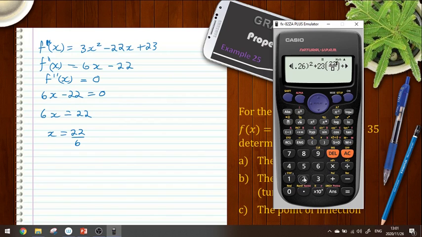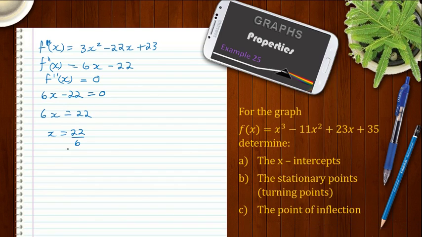We have 22 over 6. Then we get 560 over 27.